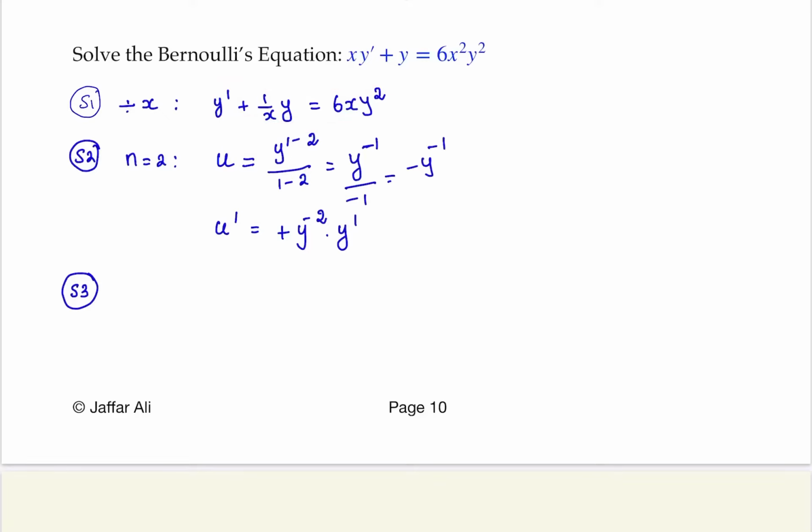When I divide that by y squared, I am going to have y to the negative 2 times y prime plus 1 over x times y to the negative 1, because y over y squared is the same as saying y to the negative 1, right? So that's why I don't need to have that.